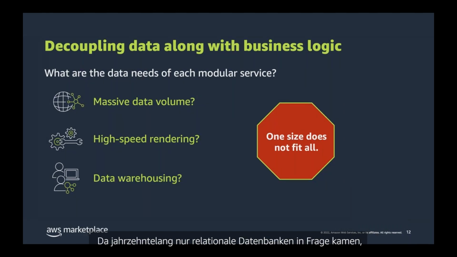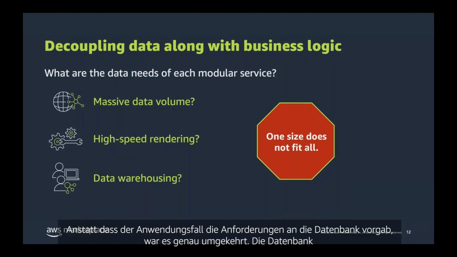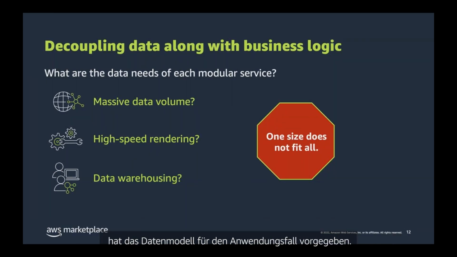For decades, because the only database choice was a relational database, no matter the shape or function of the data in the application, the data was modeled as relational. Instead of the use case driving the requirements for the database, it was the other way around. The database was driving the data model for the application use case.